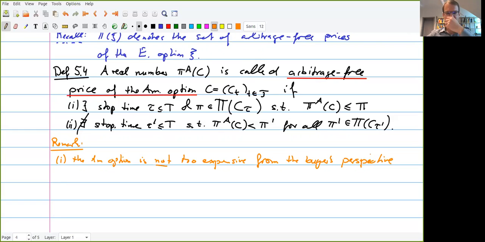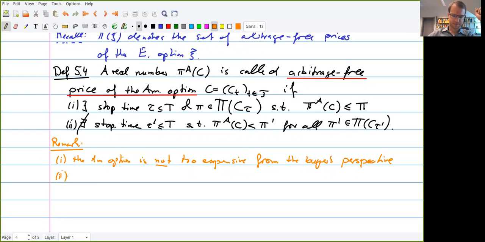So just what I said already. So as a buyer, I'm willing to pay this price PA because I can find a way to stop this option, which tells me, okay, the created European payoff, well, it's worth the money.